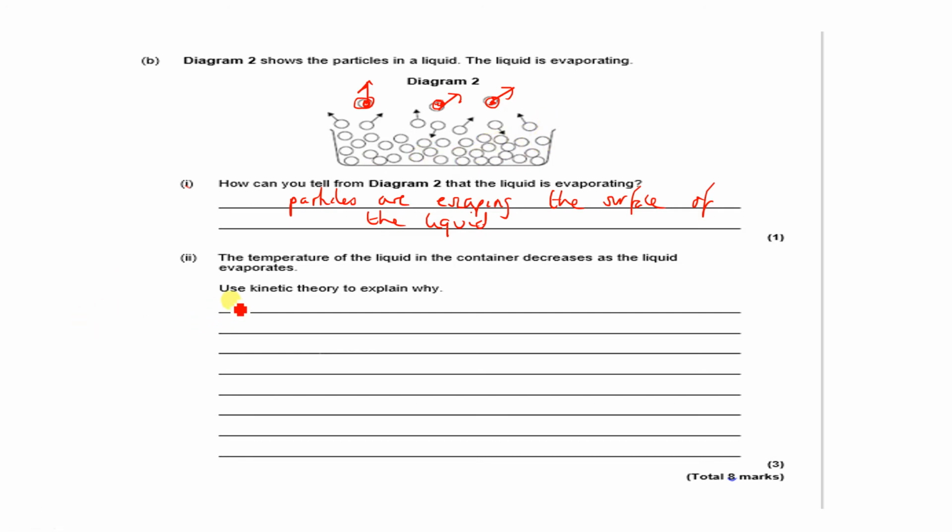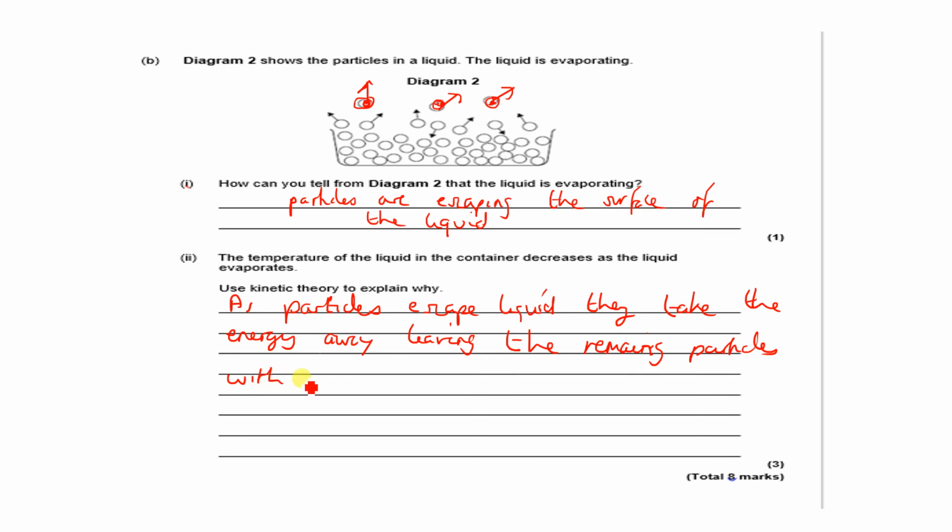So we're going to say that as particles escape the liquid, and remember these are high energy particles, they take the energy away, leaving the remaining particles with a lower kinetic energy.